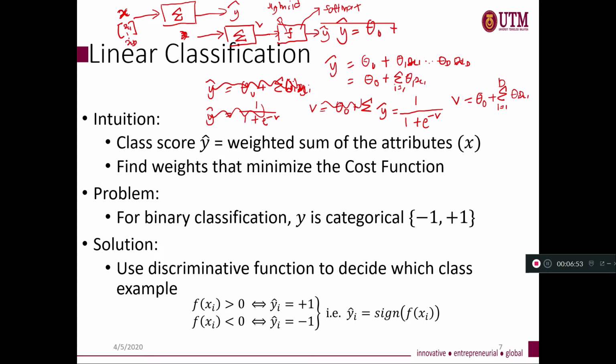Before, you have this kind of process, but if you want to change linear regression into linear classification, you cascade another function with your existing function before you get the predicted y, or y hat.